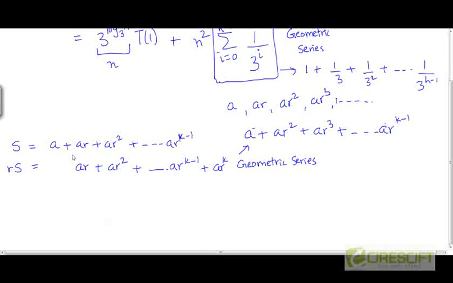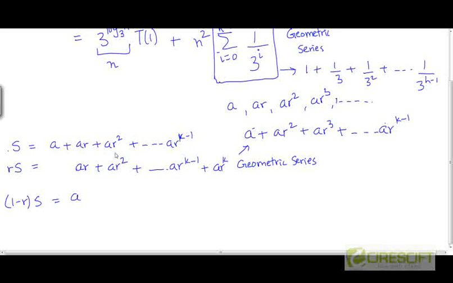By writing the right hand side in this staggered form, we can take the difference between these two equations. So if we subtract the second equation from the first, we get (1 minus r) times S is equal to the first term here, a. Now when this ar is subtracted from ar, we get 0.